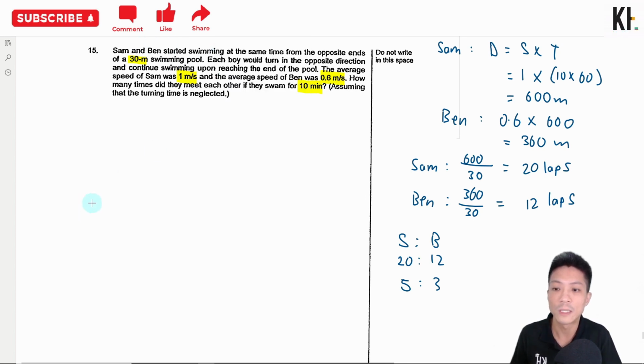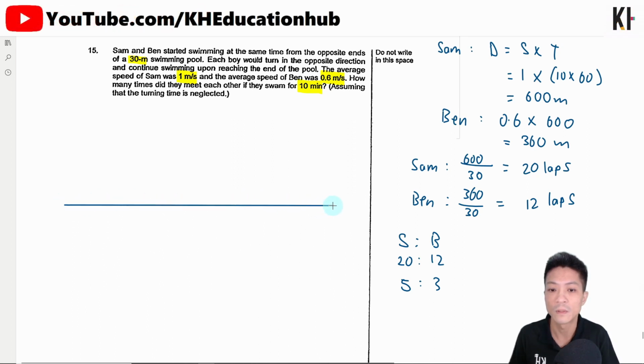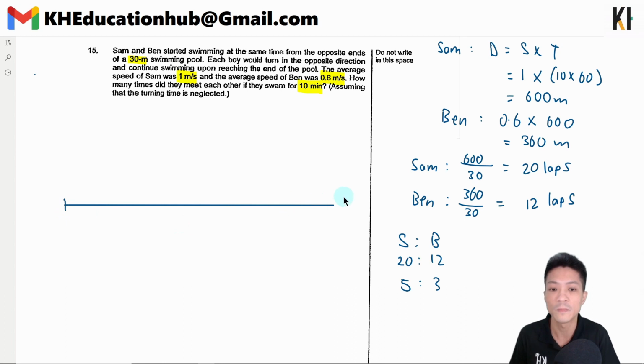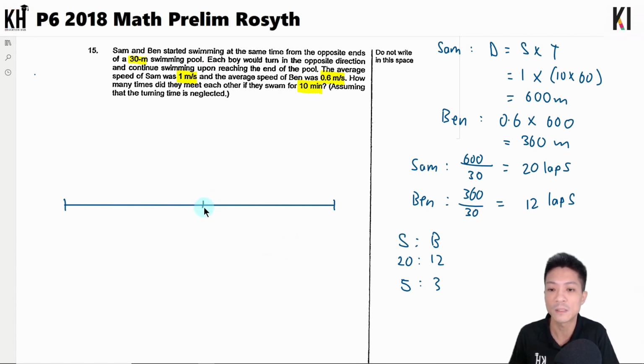Okay, so I'm going to draw a line here which represents the swimming pool. Hope I'll have enough space. This is the starting point. Because the ratio is 5 is to 3, I'm going to cut this into 8 gaps.